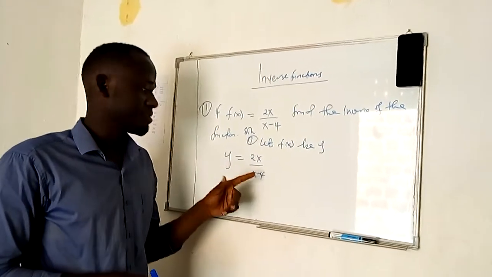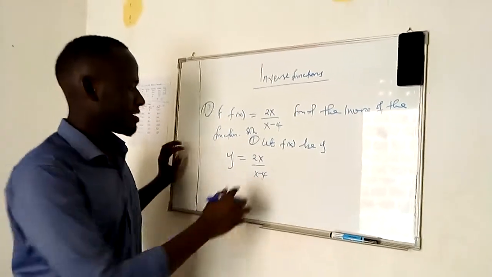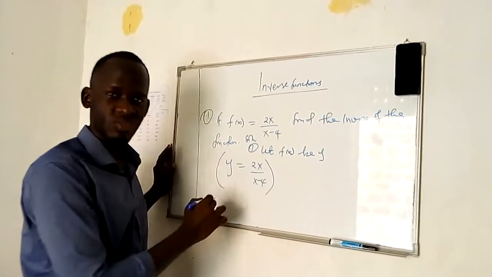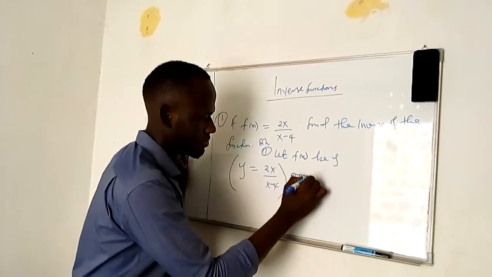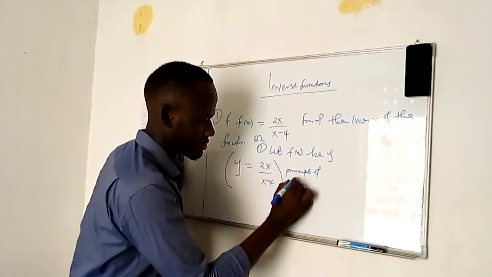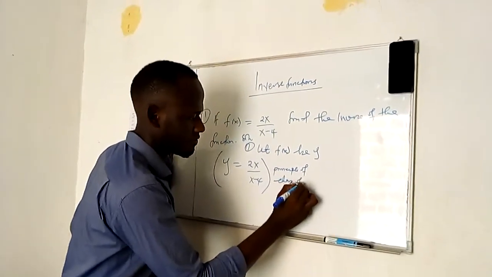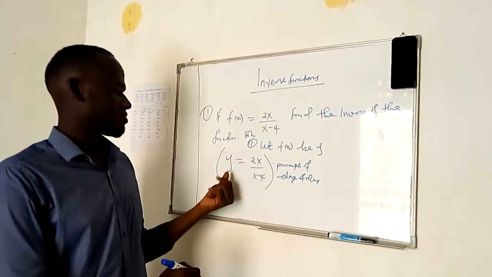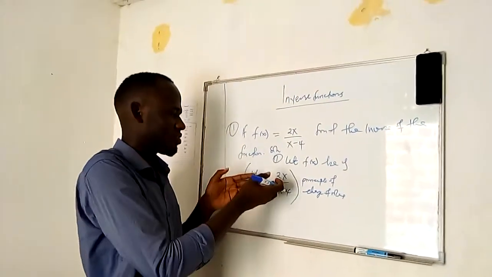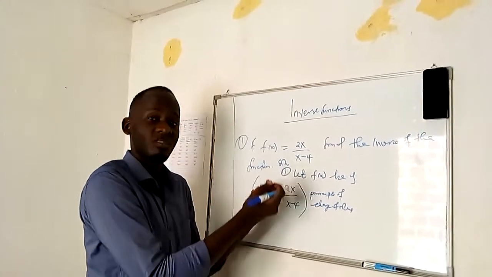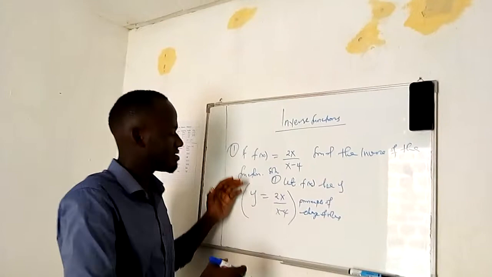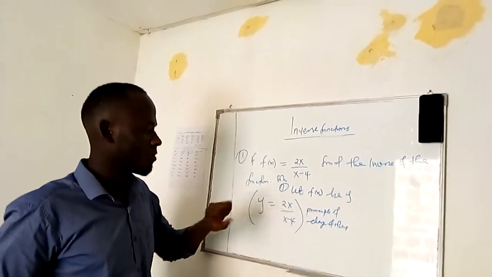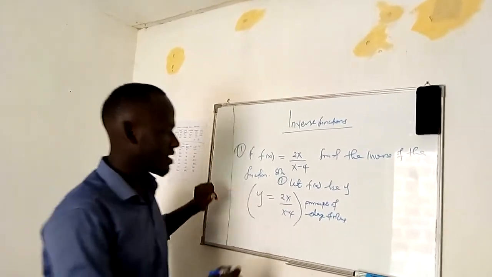This one here depends on this. So here we apply the principle of change of roles. What has been y becomes x, or what x has been doing becomes the responsibility of y, and what y has been doing becomes the responsibility of x.